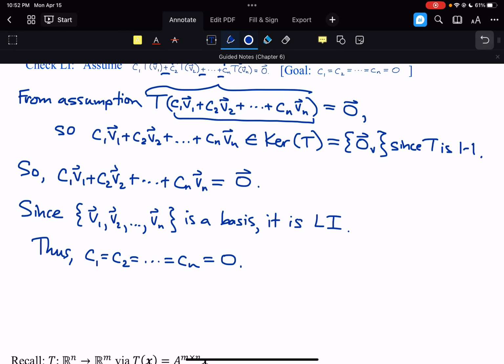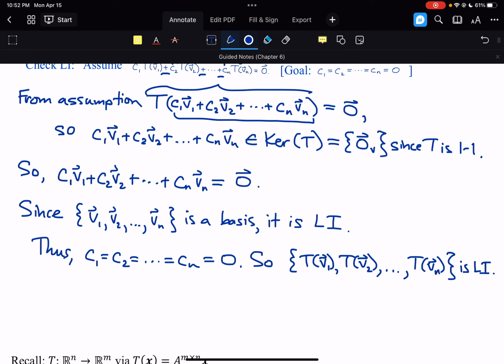So our set T(v1), T(v2), etc., up through T(vn) is linearly independent.